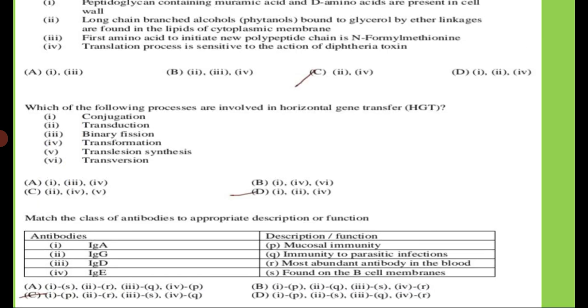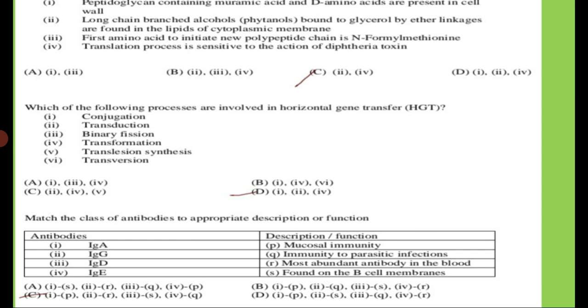Then the next question: match the class of antibody to the appropriate descriptions or their functions. The IgA is a secretory antibody present in body secretions like tears, saliva, mucus and in milk. From the right column, option P is the match for IgA.